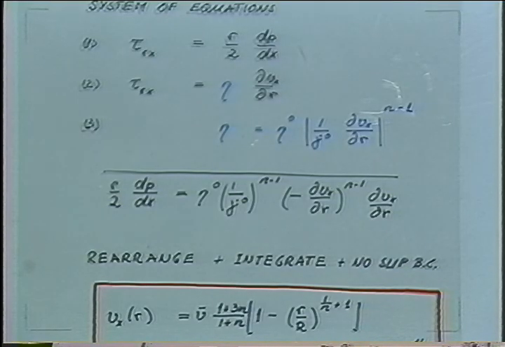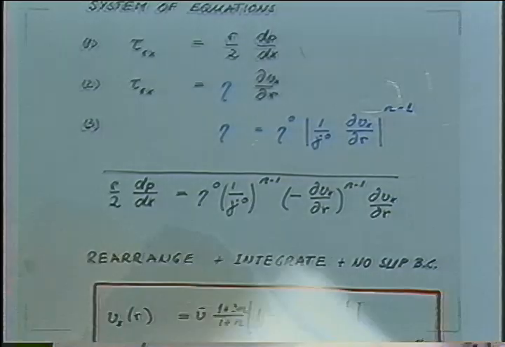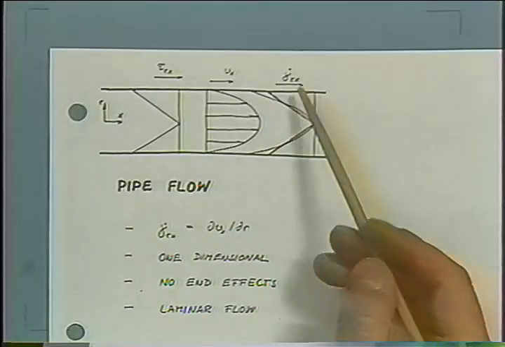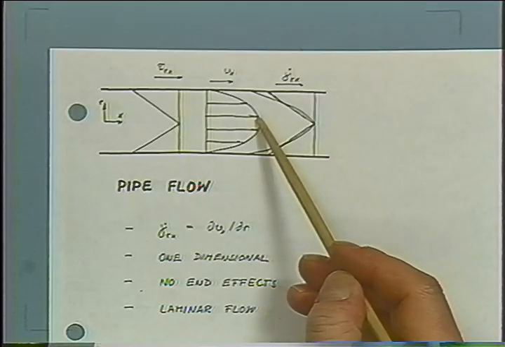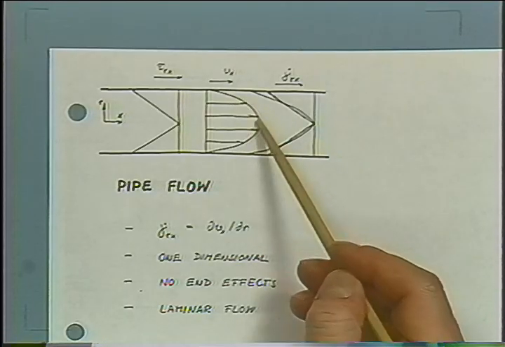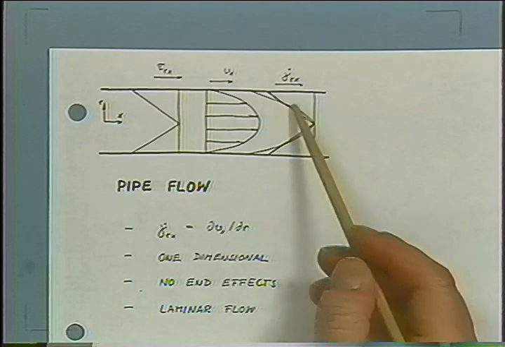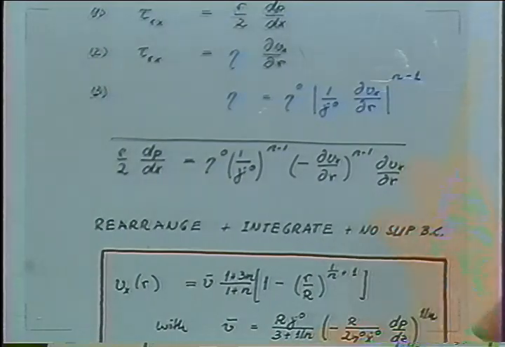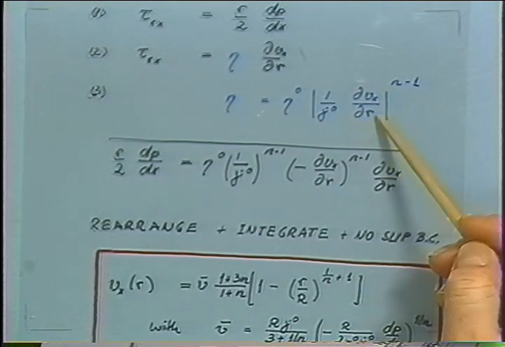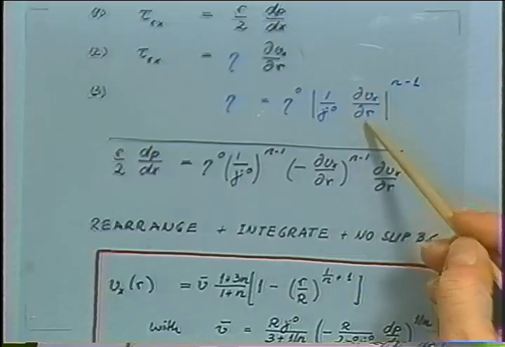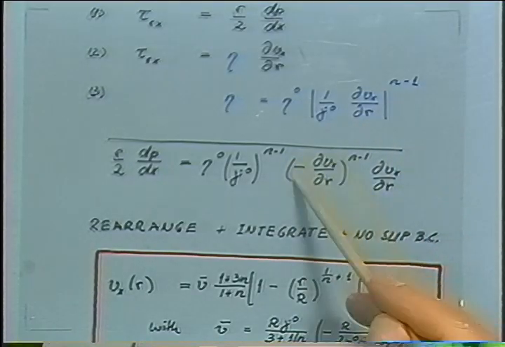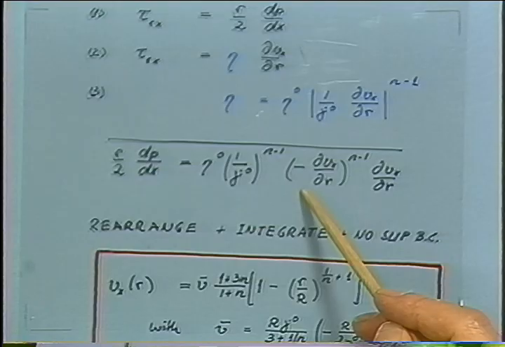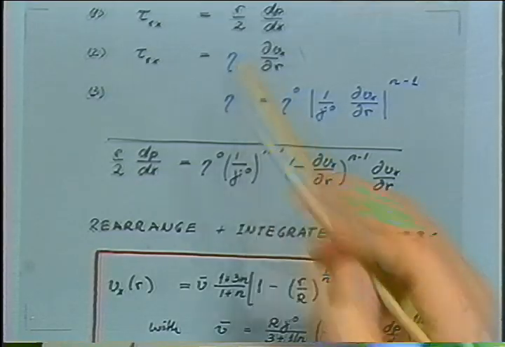And we know that the velocity gradient is negative. Here, this is the shear rate, this is the velocity gradient. Velocity decays in radial direction, so velocity gradient is negative. The shear rate is negative. So to overcome the absolute value sign in this equation, we would have to replace this by minus the value. So minus the shear rate is a function which is positive. Okay? So this is a positive function which we are entering here.